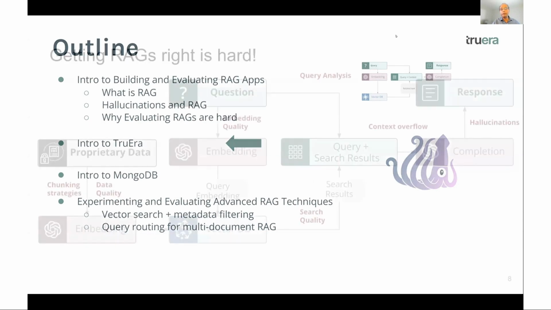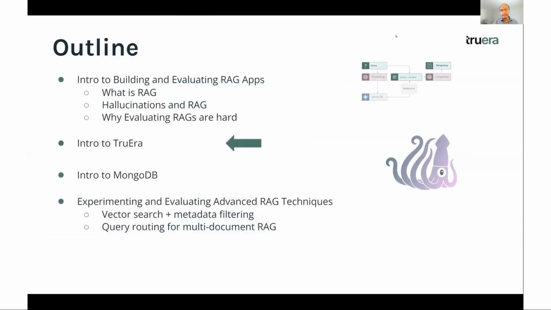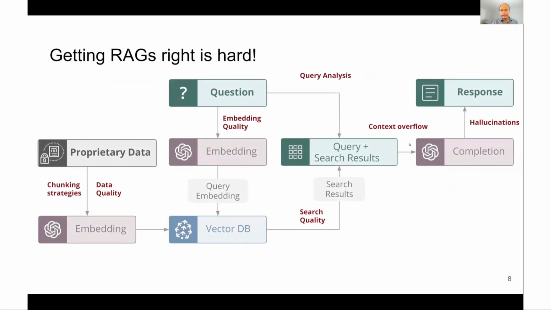So what we want to talk about is ways of thinking about this app building and evaluation framework in an end-to-end way, so that we are building with the right kind of primitives, as well as having strong evaluation capabilities that help surface these kinds of failure modes in a way that's actionable.